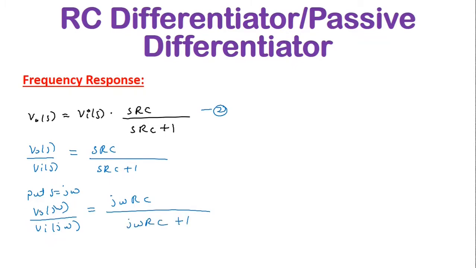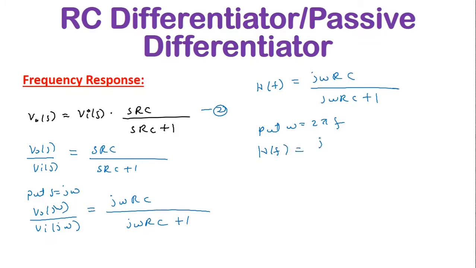Since this output voltage upon input voltage is the transfer function, we represent it by H(f), which is equal to j omega RC whole divided by j omega RC plus 1. Now we put omega equal to 2 pi f in this equation, then H(f) will be equal to j into 2 pi f RC whole divided by j into 2 pi f RC plus 1.